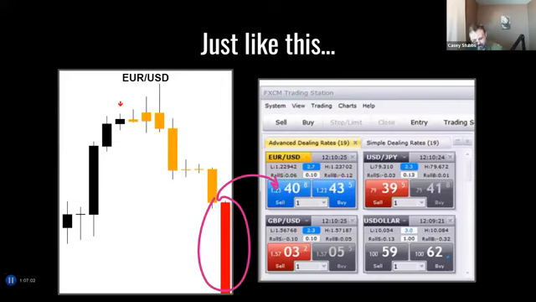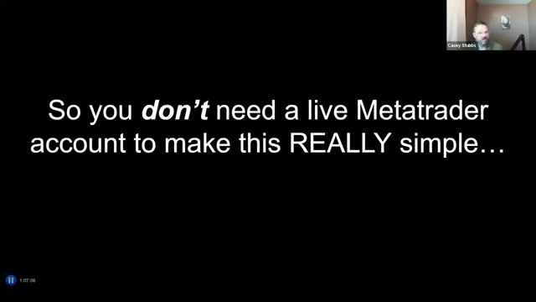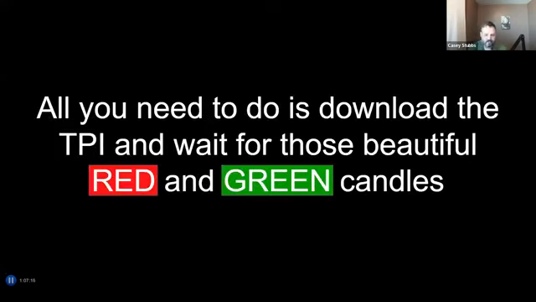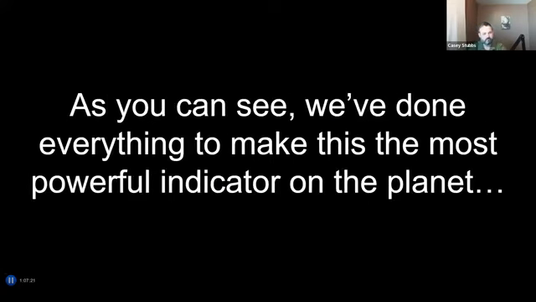You see it on the chart, and then you go to your platform to take the trade. It's simple. So you don't need a live MetaTrader account. All you need to do is download the TPI and wait for those beautiful red and green candles.